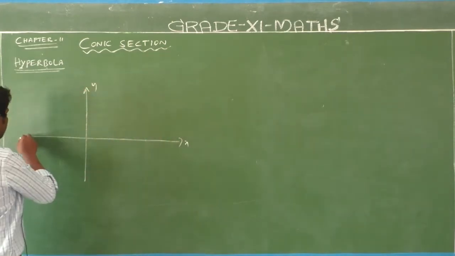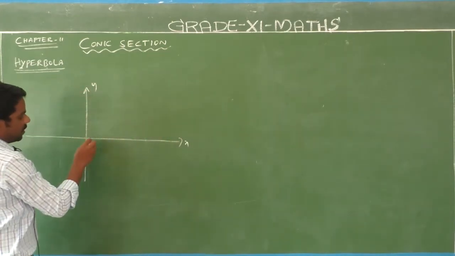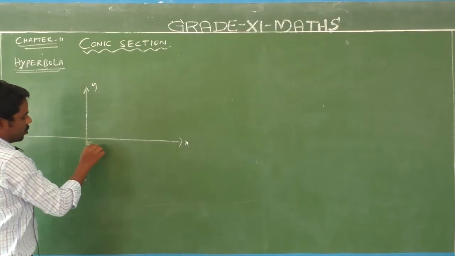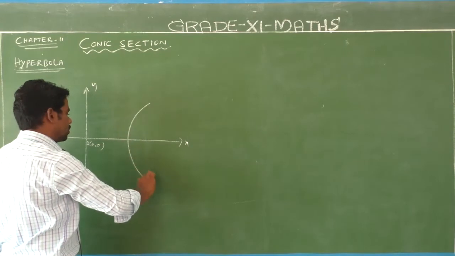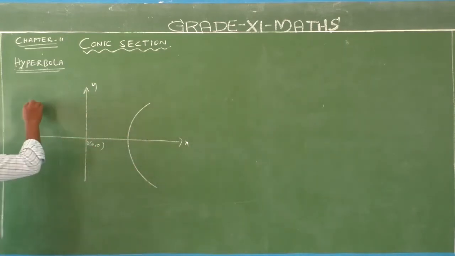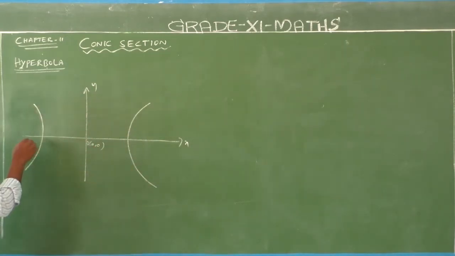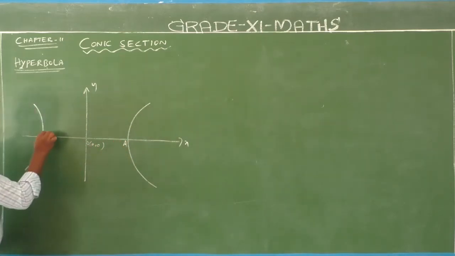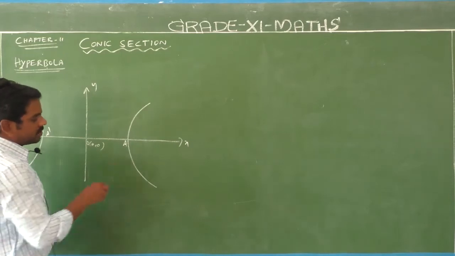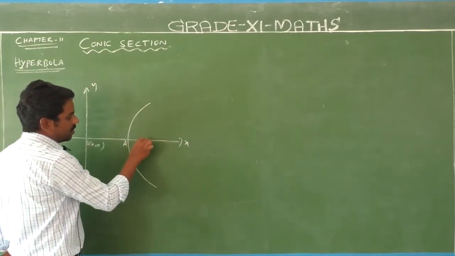X-axis, Y-axis, center at origin (0, 0). This is a hyperbola. A and A dash are the vertices.